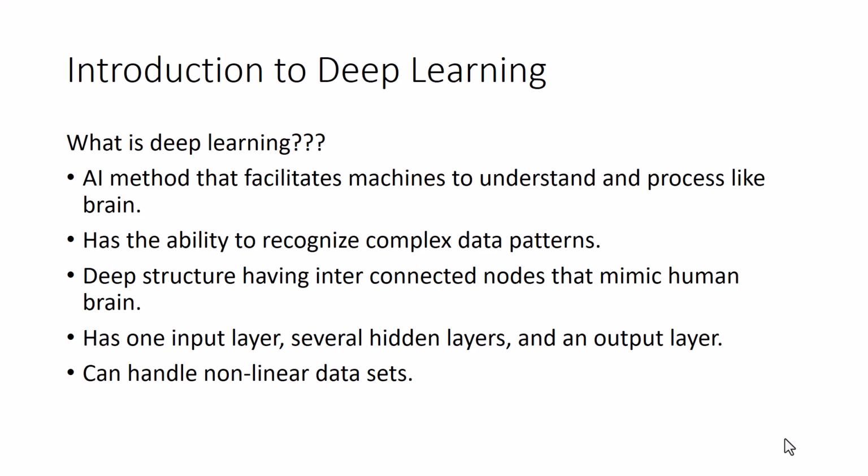And you start identifying some as lions, some as tigers, some as mountains, or whatever. Similar to that, these deep learning models, just because their working mechanism is very close to the working process of a brain, have the ability to recognize complex data patterns present in the data given to them.